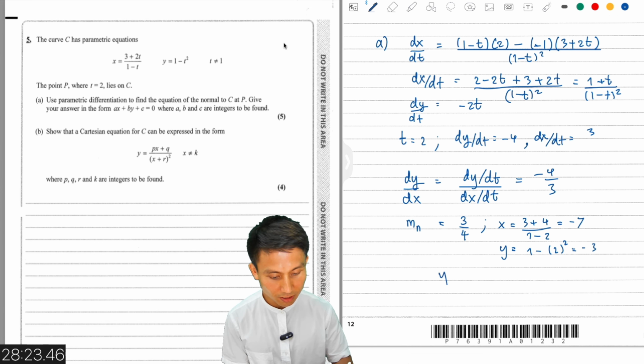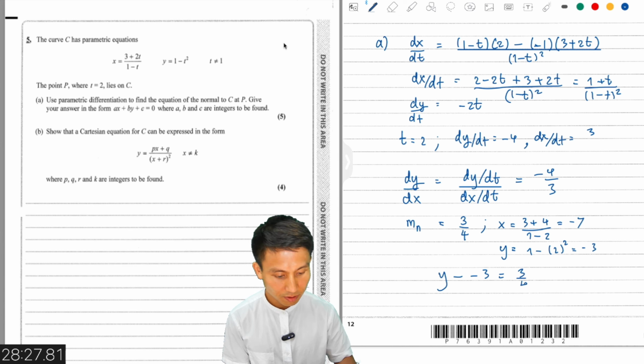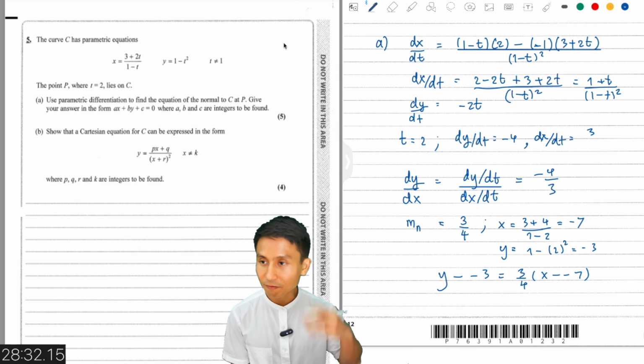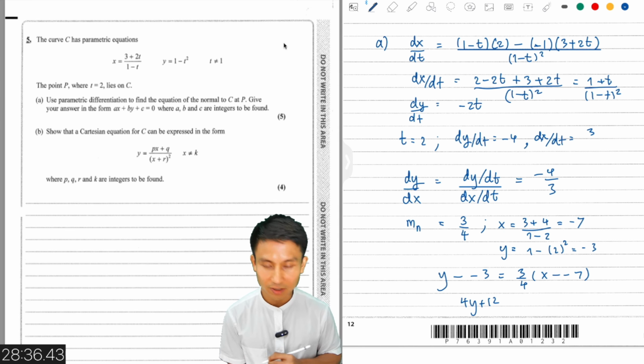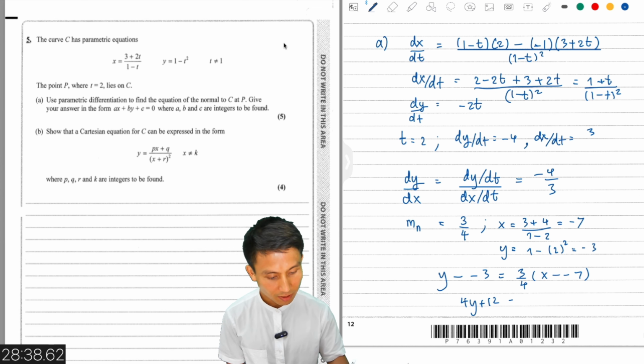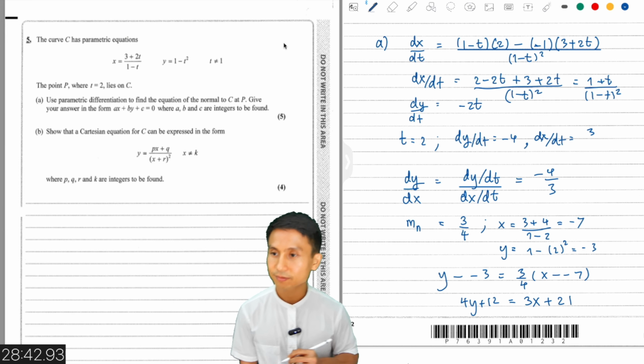So now we form the linear equation y minus y1 equals m times x minus x1 there. So multiplying 4 on both sides, we get 4y plus 12, because that's the plus 3 there, equals expanding the 3 in, so we get 3x plus 21. Okay?